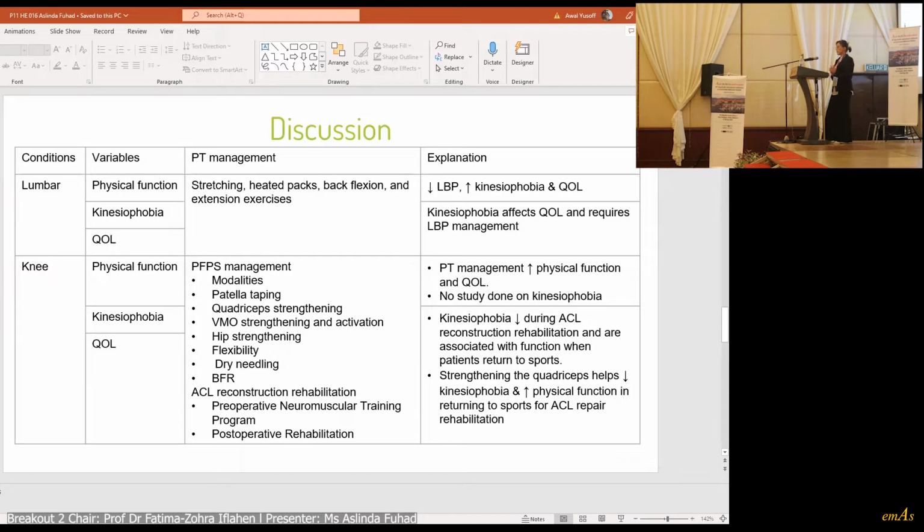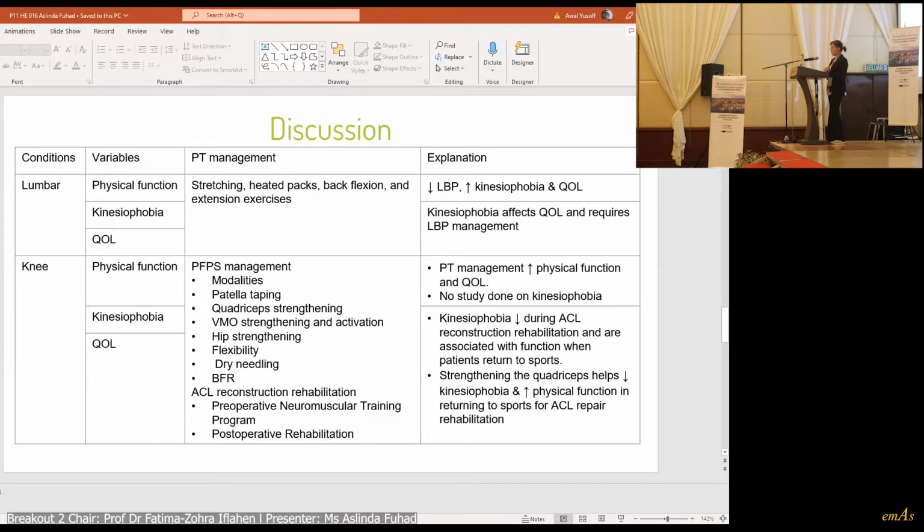For the knee, this is the physiotherapy management, which uses modalities: patella taping, quadriceps strengthening, VMO (vastus medialis oblique, which is one of the quadriceps muscles) strengthening and activation, hip strengthening, flexibility, dry needling, and the recent one, blood flow restriction exercises, and then preoperative neuromuscular training and post-operative rehabilitation.